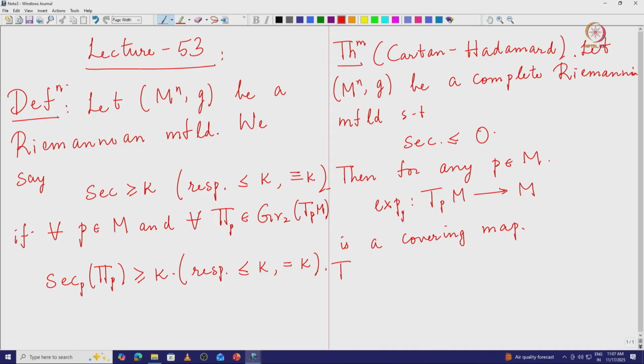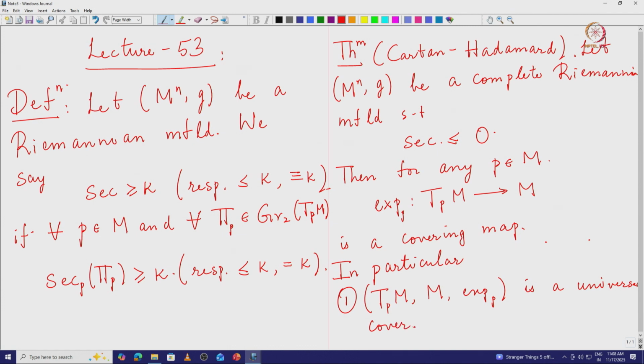So, in particular what this implies is firstly that if you look at this triple, this is a universal cover, and in fact by uniqueness of universal covers, this is the universal cover up to isomorphism.